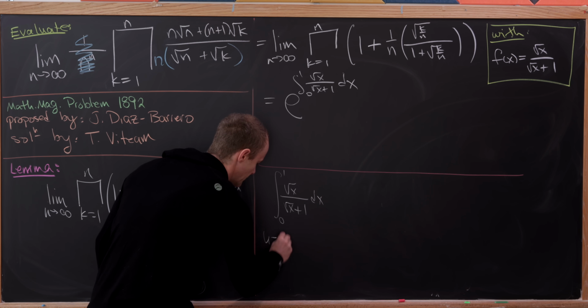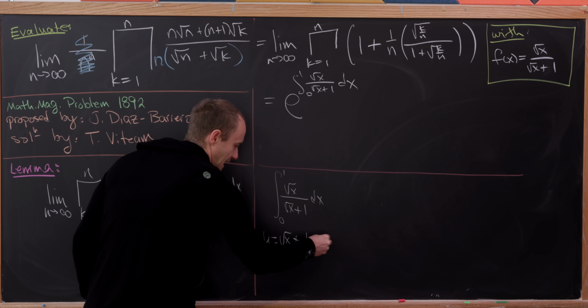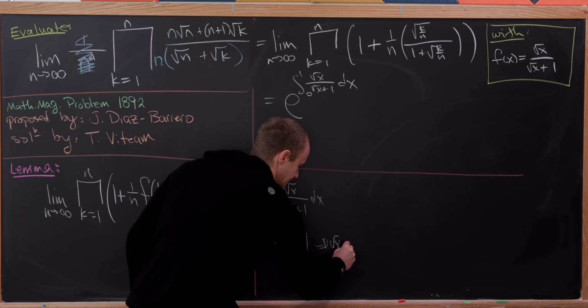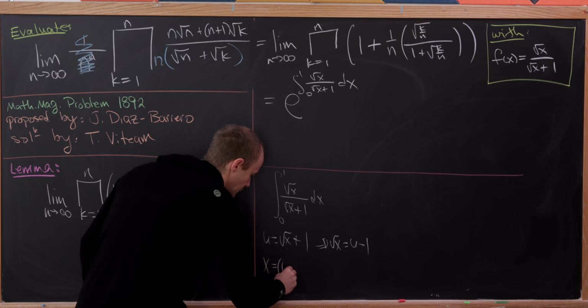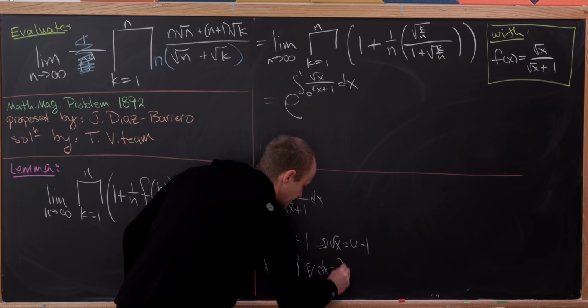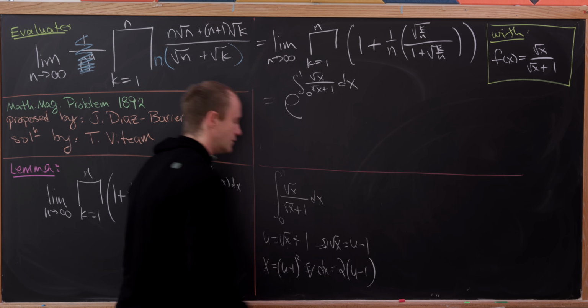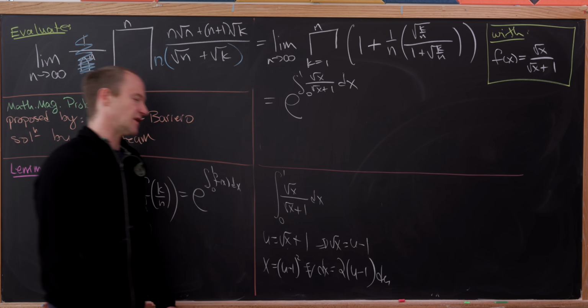Let's maybe set u equal to that denominator, root x plus 1. So that means that root x is u minus 1. That makes x u minus 1 squared. And that makes dx equal to 2 times u minus 1 du using the chain rule.